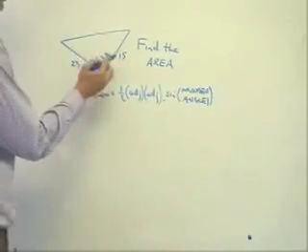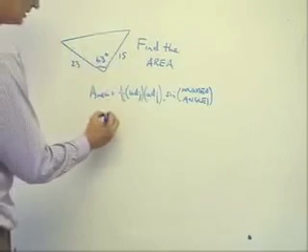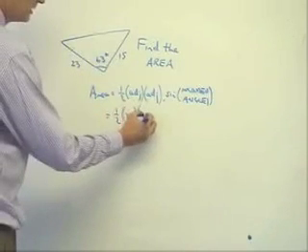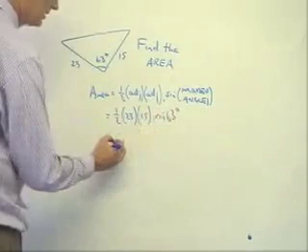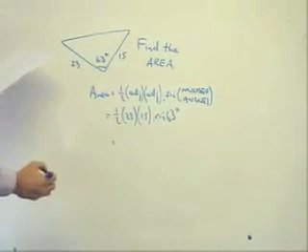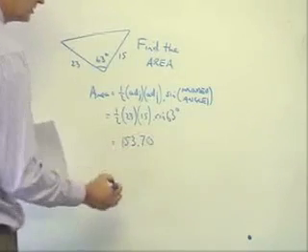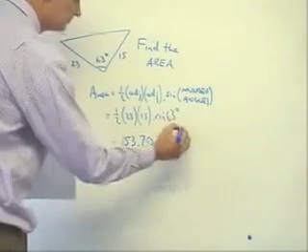So there's an angle, there's one adjacent side there, one adjacent side there, it's called the included angle. So the area equals 1/2 times 23 times 15 times the sine of 63 degrees. And the answer is 153.70 square units.